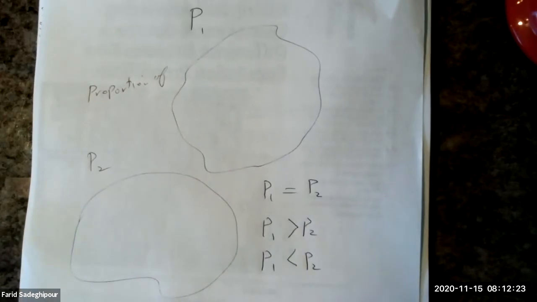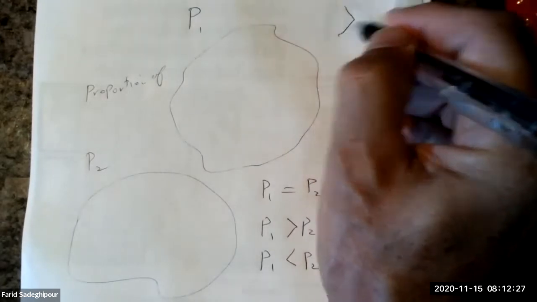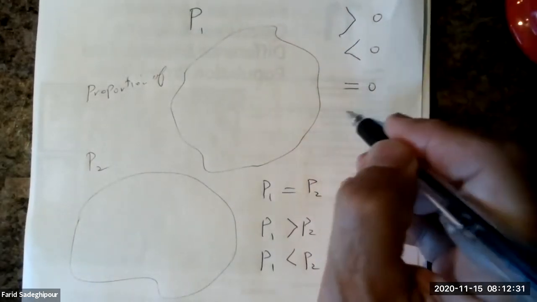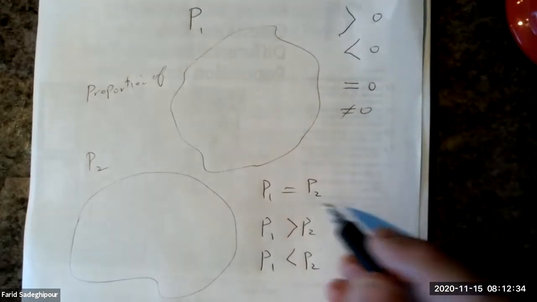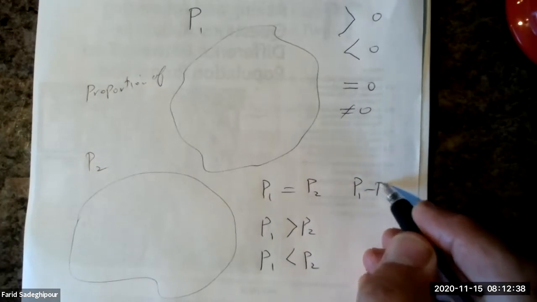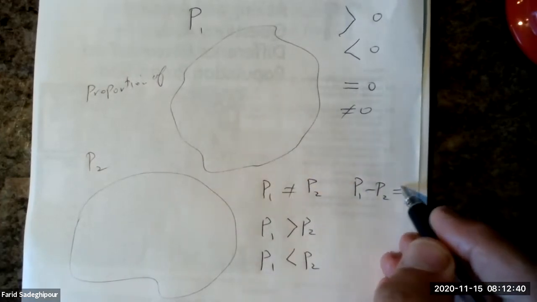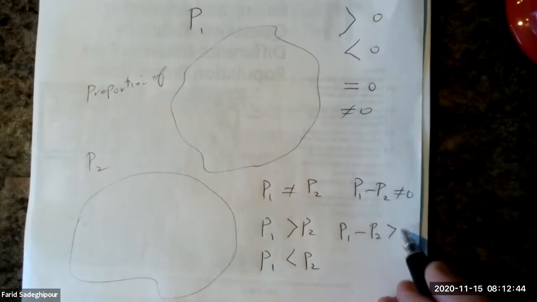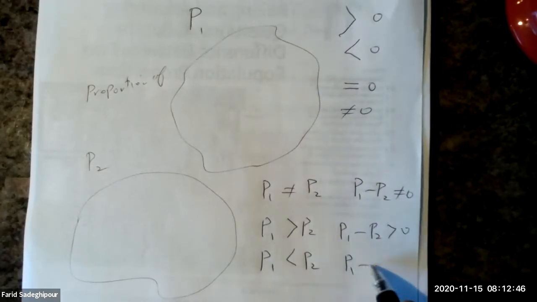But normally, since we always use greater than 0, less than 0, equal to 0, or not equal to 0, we find the difference of these two. So in this case, P1 minus P2 not equal to 0, or P1 minus P2 greater than 0, or P1 minus P2 less than 0.